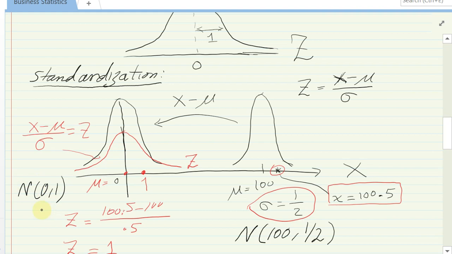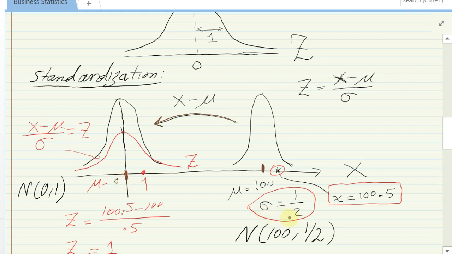A simple transformation takes place right in here. You have this formula: x minus mu over sigma. In this transformation, we subtract the mean and divide by the deviation. The effect of x minus mu is to relocate the center of the distribution from where it was, 100, to where it's at now, 0. The effect of dividing by sigma is to rescale it.